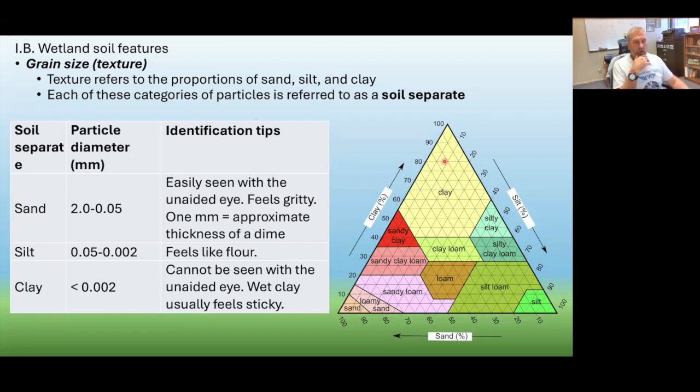Okay, so for instance, if we had a soil, if you went along this bottom axis and we had a soil that we measured to be 60% sand, 40% clay, which is up here, and 10% silt, then if I followed this up 60, right? And so that's here, and let's go down here to 10%.